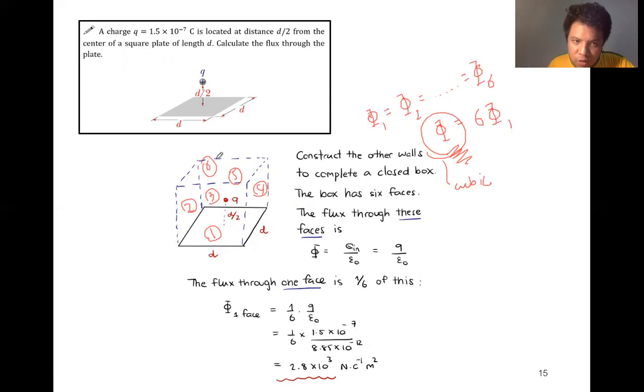If I assume that this cube is a closed surface, this is the flux through the cube, and the charge within the cube is Q. And then the flux through just one face would be 1/6 of the flux through the whole cube. So that would give you the answer.